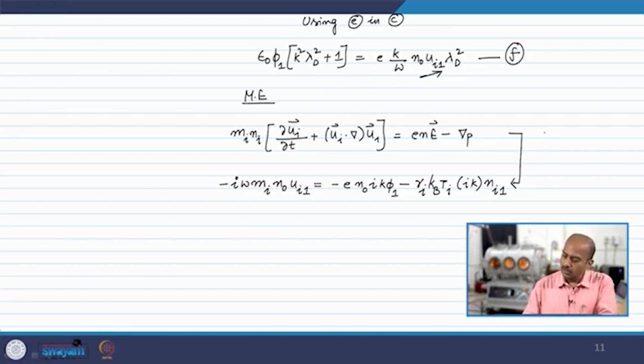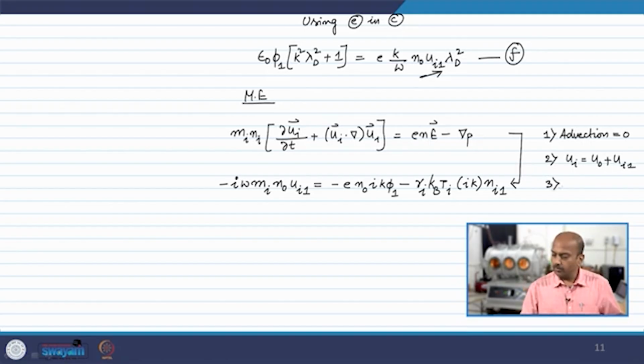Number one, what is the first step? Number one, the advection term is treated to be 0. Number two, substitute the perturbation. Let's say u i is equal to u naught plus u i1. Right. Then what is it? Del p. So del p term is this one.